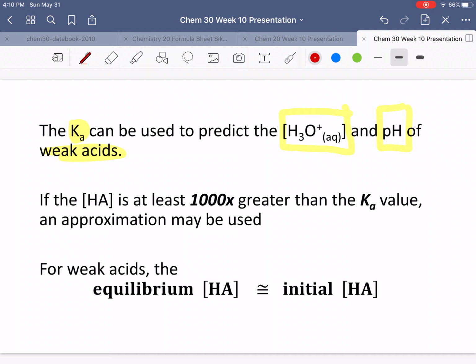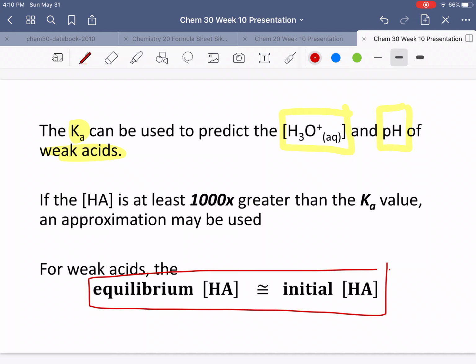For weak acids, the equilibrium concentration of the acid is said to be equal to the initial concentration of the acid. Now, in actuality, are they identical? No, they really aren't, but it's so close that from a number crunching perspective, it doesn't actually make a difference. So you're going to see me doing this through the examples, and it's an important note for you to recognize as you work into the assignment.